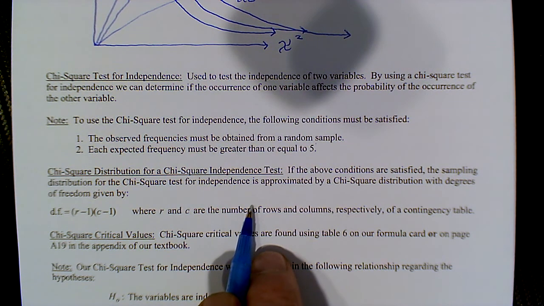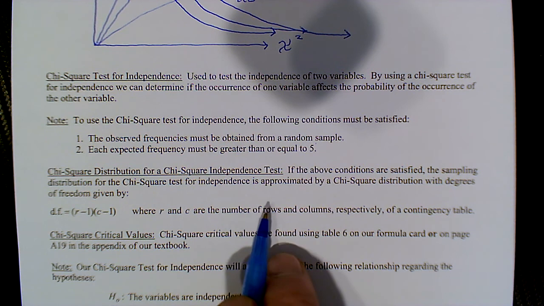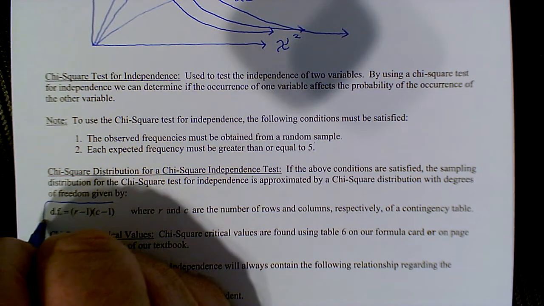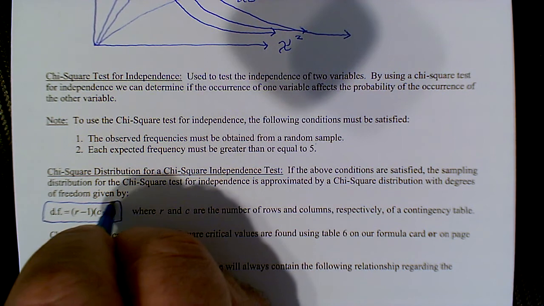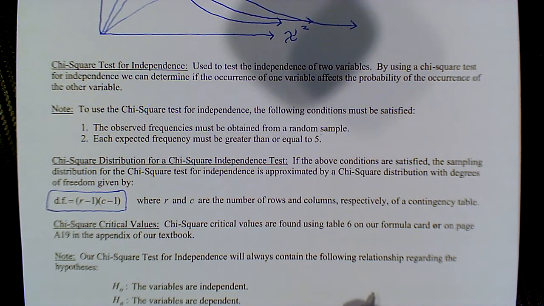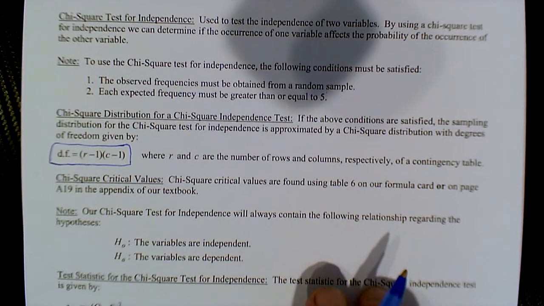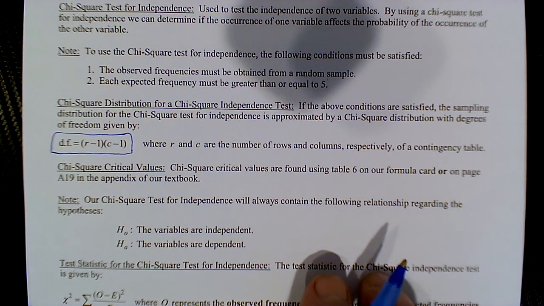And the sampling distribution is approximated with the formula for degrees of freedom of r minus 1 times c minus 1, where r and c are respectively the rows and columns of that contingency table.